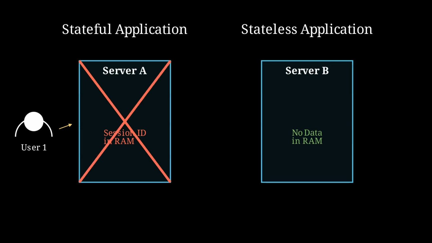User one's session data is entirely gone, right? Because you maintained it in the server RAM. So once it crashed, user one got logged off automatically. So that's why the horizontal scaling doesn't support storing any kind of data in the server RAM. Your application should always be stateless.